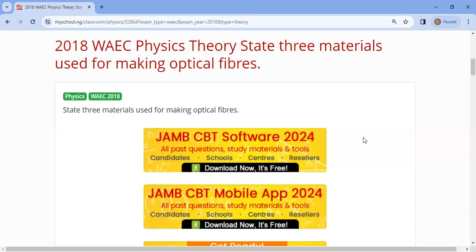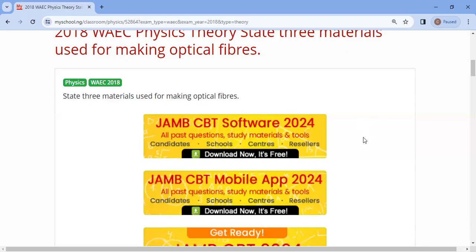These are some of the very important uses of optical fibers.